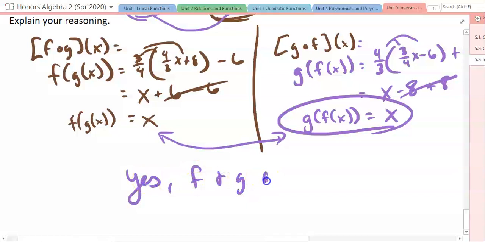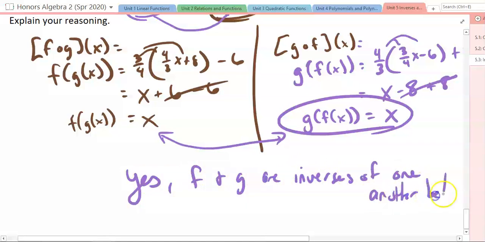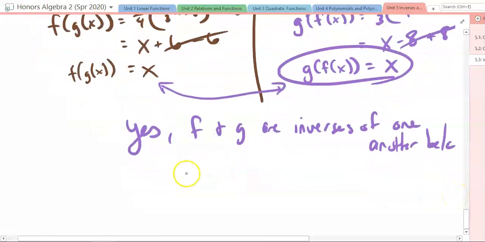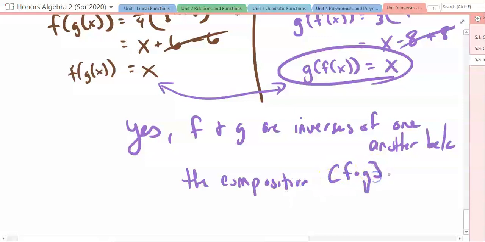F and g are inverses of one another because the composition f of g and g of f both equal x.